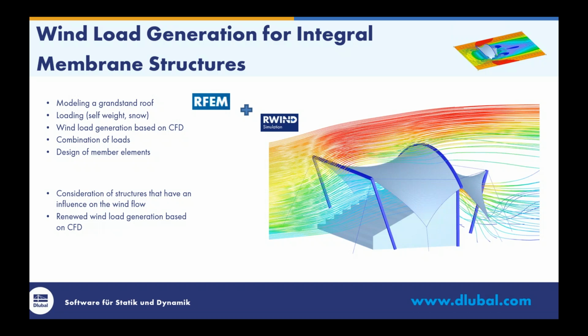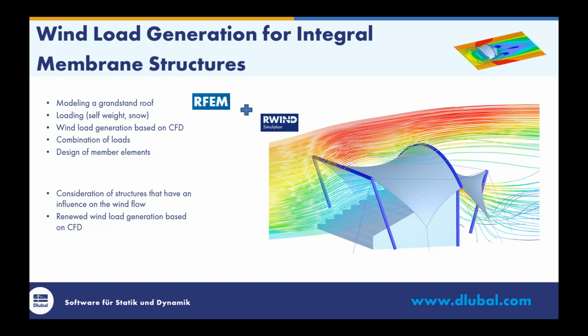This whole presentation has two main focuses. The first is the modeling of the membrane structure itself, and the second is the generation of wind loads for this type of model. I show you this in a workflow. This means modeling, loading of basis loads, wind load generation, combination of loads, and afterwards we take a look at the design of a few members.